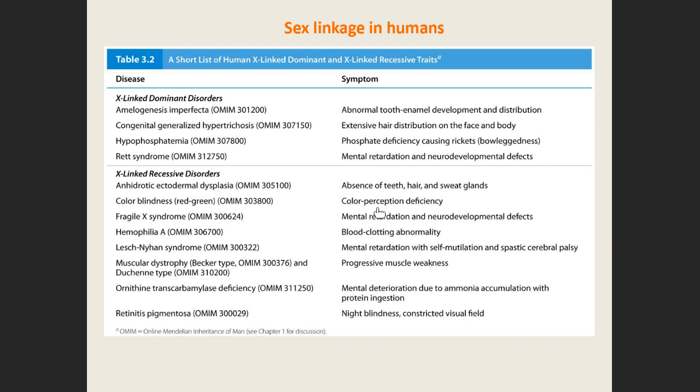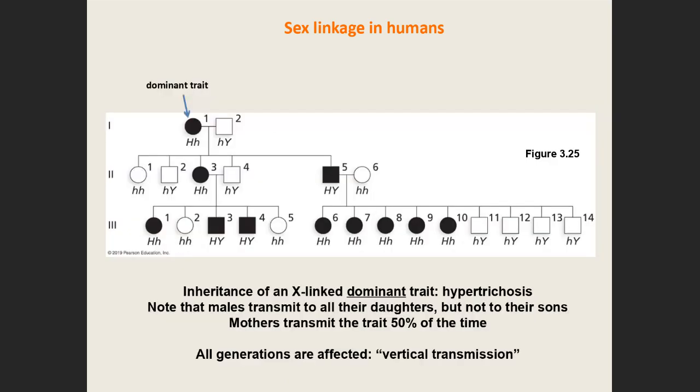I believe so, yes, because that female must receive one X from the father and one X from the mother, with a mutant copy. Okay, thank you. And then can you go back to autosomal recessive inheritance, and can you just quickly describe the horizontal transmission again, because I don't really understand.